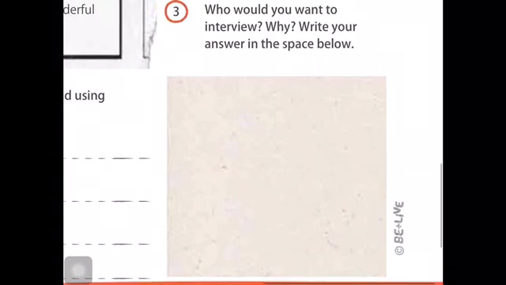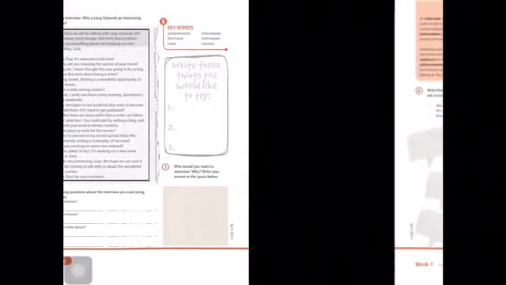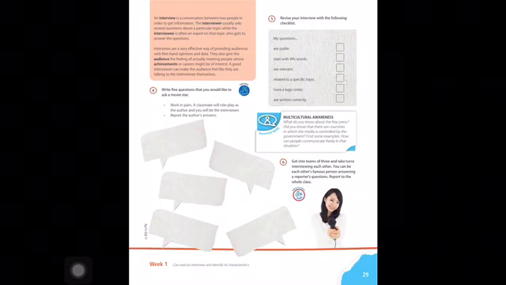I would like to interview Will Smith because he's a very famous actor, etc. Or maybe you want to interview a famous singer. I want to interview maybe Carlos Vives or Juanes. And then you are going to give the reason why you want to interview this person. You are going to write the answers in this space. Okay? Very good. Continue with page 29.